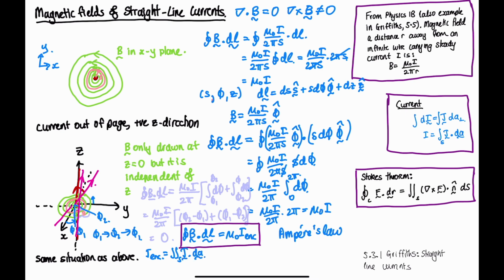And now what we can do is combine Ampere's law with this to write down that B dot dl, so that's the integral around a closed loop, is equal to mu naught times I enclosed, which we've said is the surface integral of j dot dA. And then what we can do is use Stokes' theorem, which tells us about the integral around a closed loop.